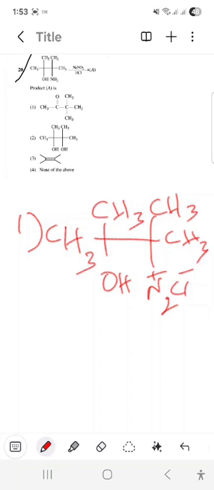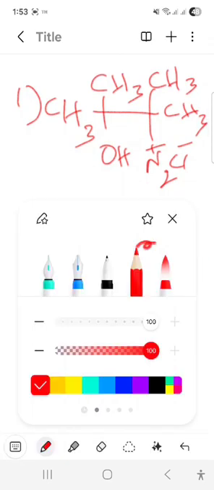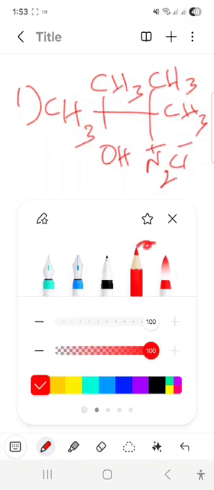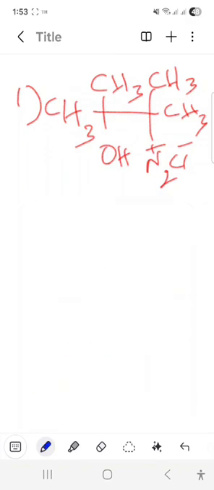So in the second step, what happened? See once here. In the second step, if you observe this, this diazonium compound is an unstable compound.